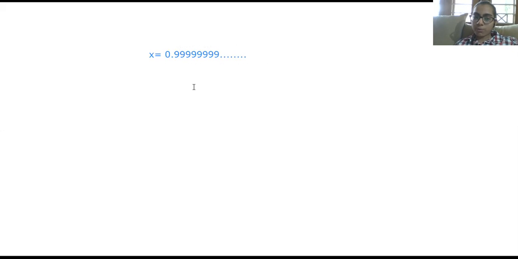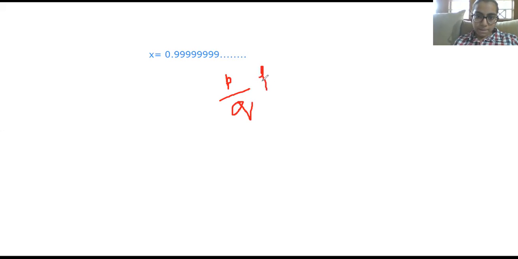And your homework is just convert x equals 0.9999 into p by q form. Don't bother about the writing.